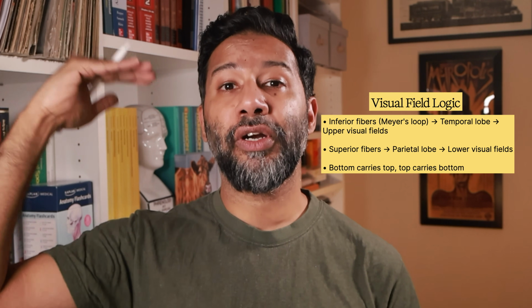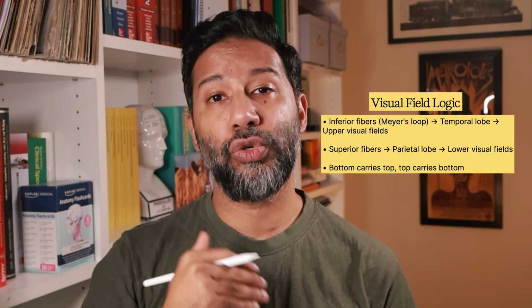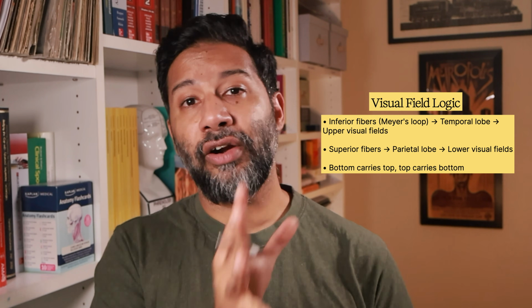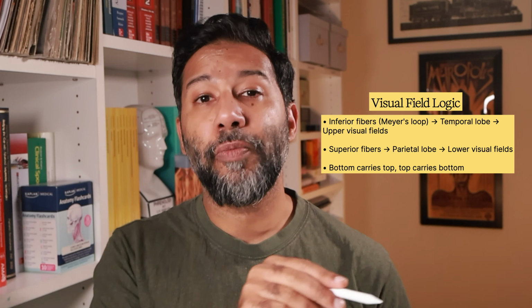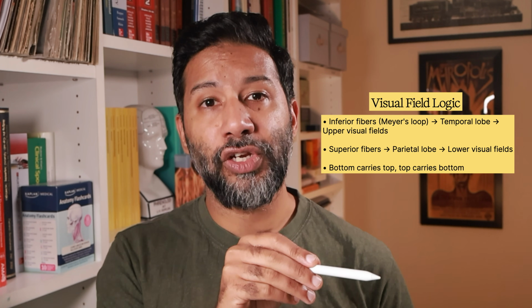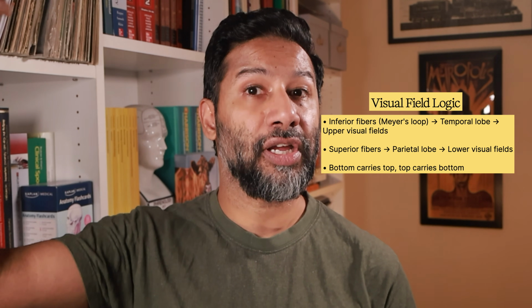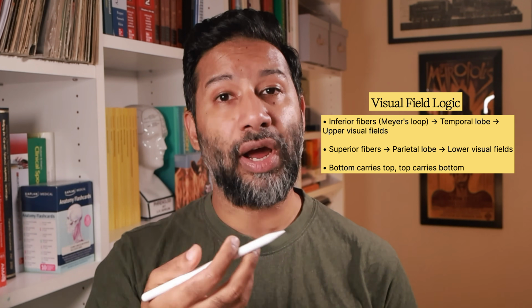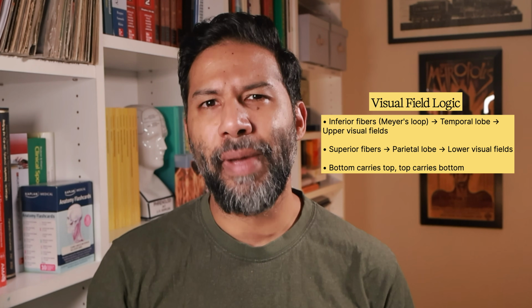The superior fibers travel through the parietal lobe and carry the lower visual fields. Bottom carries top, top carries bottom. So if you see a left lower quadrantanopia, work backwards. Lower visual fields means superior fibers, which go through the parietal radiations. Left side means right hemisphere. The lesion is in the right parietal lobe. Once you see that logic, it becomes automatic.